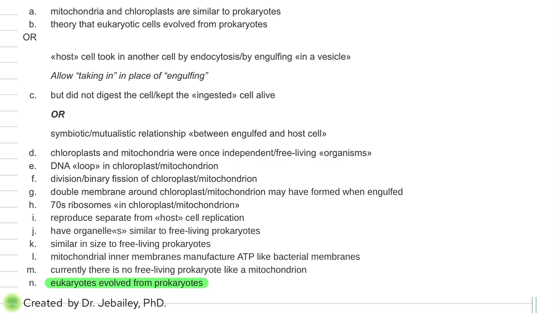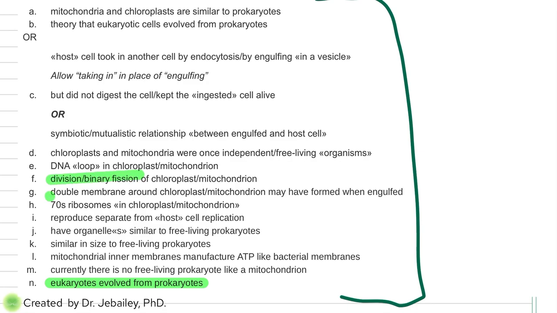So this mark scheme here sums up the entire process of the endosymbiosis theory. So it is very important that if you look at here, if you just mention the 5 evidence: binary fission, double membrane, ribosome, let's see, where are the other ones?